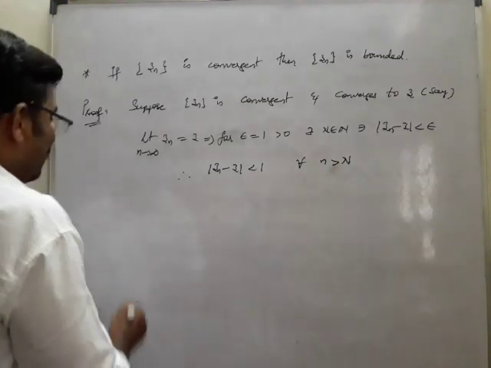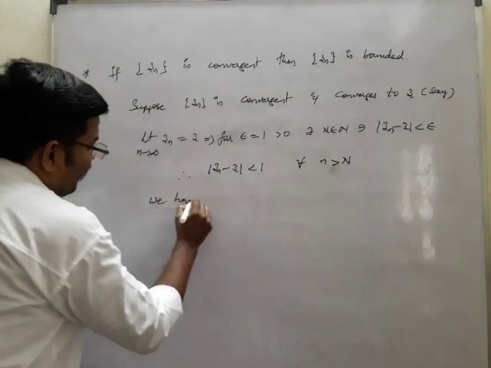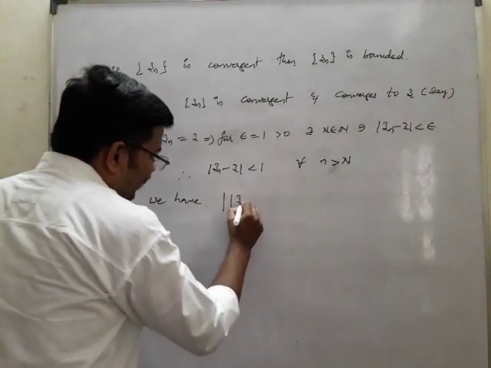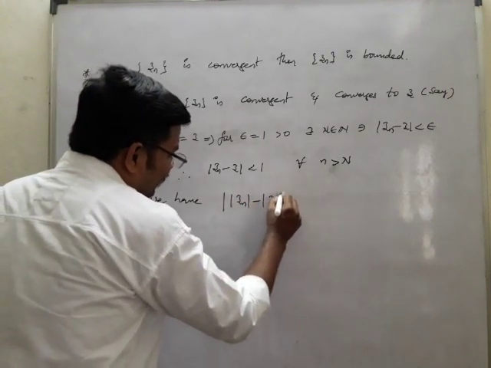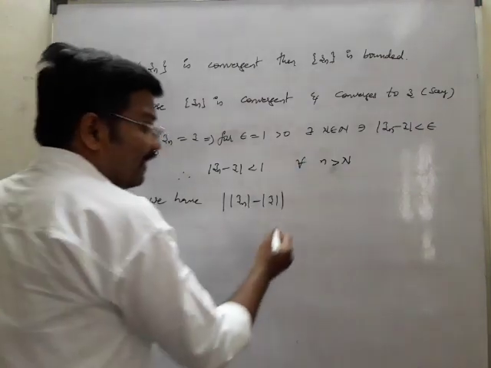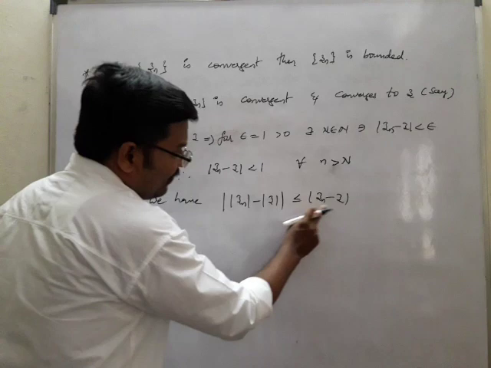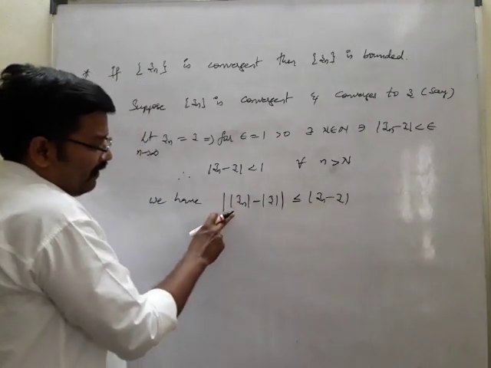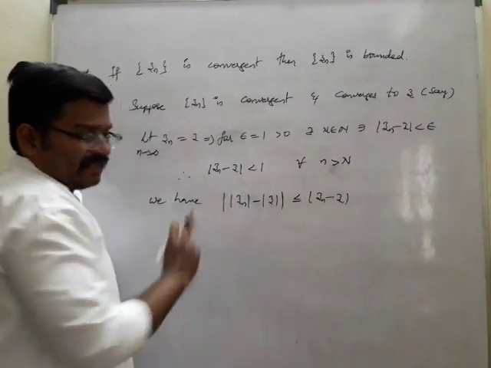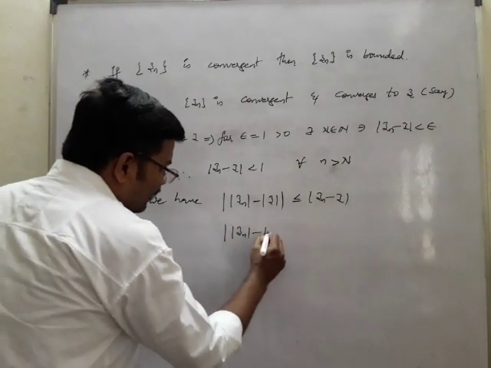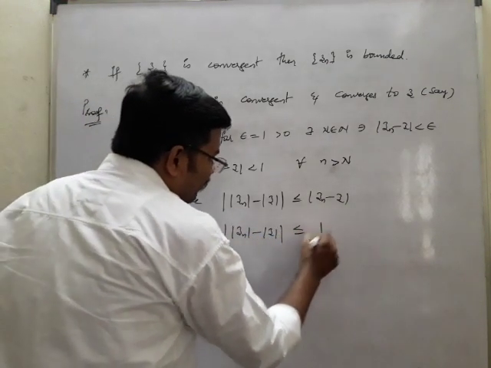Then what we have here is, I may write this in the form: mod Zn minus mod z is less than or equal to mod Zn minus z, like this also we can write. Now this mod Zn minus mod z is less than or equal to 1.